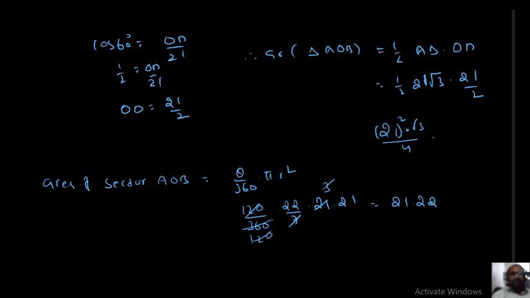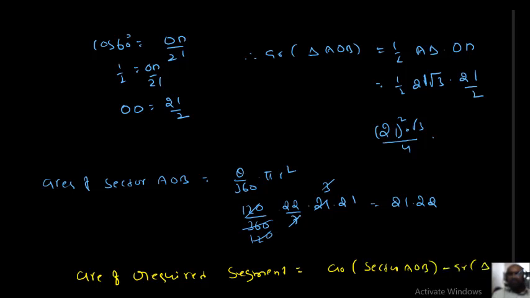So the area of the required segment equals area of sector AOB minus area of triangle AOB.